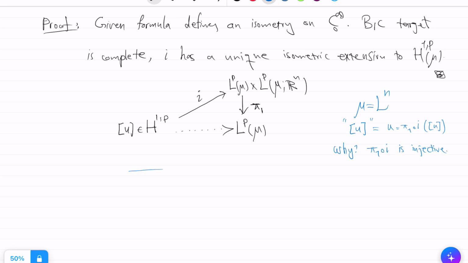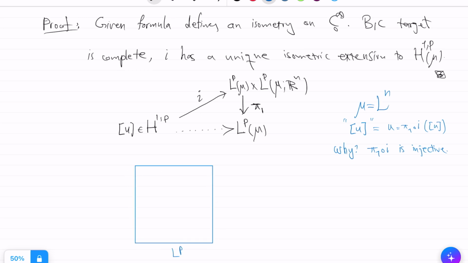And for that, I have a beautiful picture. So you have LP here, and then you have LP of vector valued spaces here. And projection obviously is never injective, but I'm saying that the image of I, which consists of a copy of H1P, is sitting somehow diagonal.